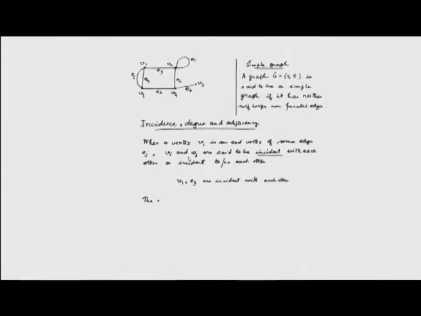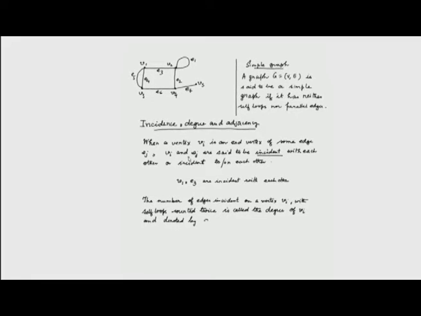The number of edges incident on a vertex Vi, with self loops counted twice, is called the degree of Vi and denoted by dVi.